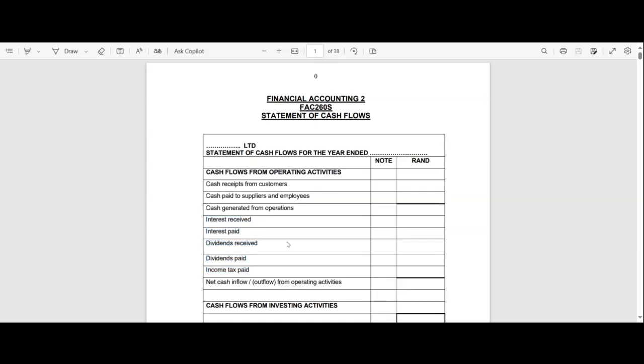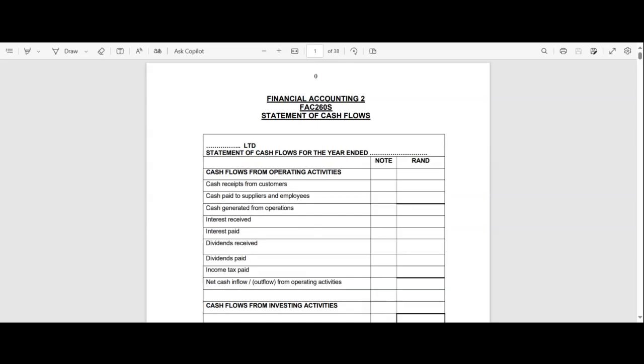Now, ladies and gentlemen, what is very important for us to understand here, where we are using the direct method and we are presenting the face or the main statement of this statement of cash flows, is that nowhere do you see the word income or the word expense. Why not? Because income and expenses do not belong in the statement of cash flows.